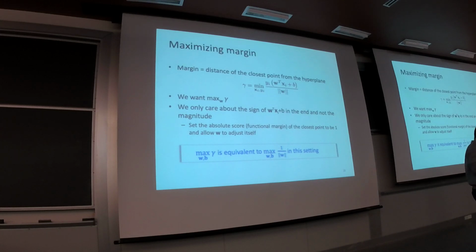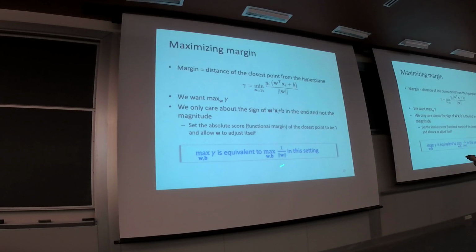So naturally, we can intentionally set the absolute score, that is the function margin, of the closest point to be 1. Then our margin becomes 1 over the norm of the weight vector. Basically, we set the minimum value of these numerators among all the training examples to 1.